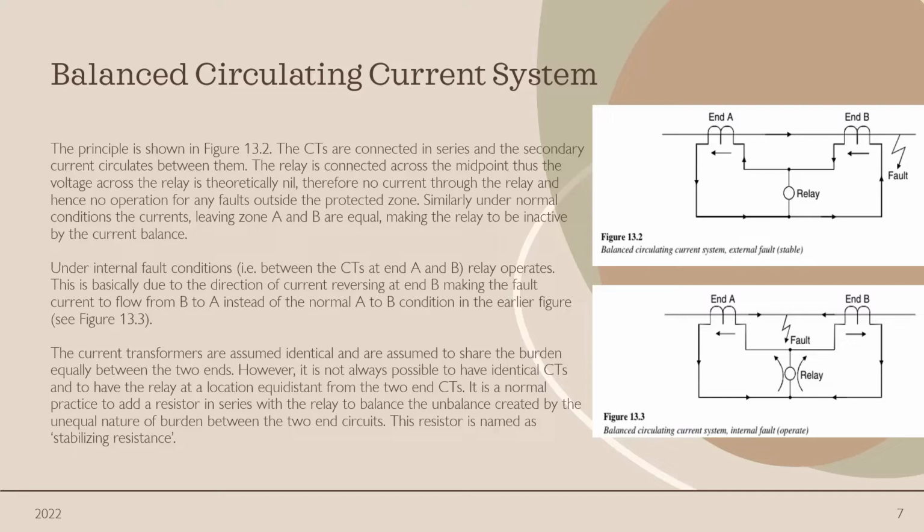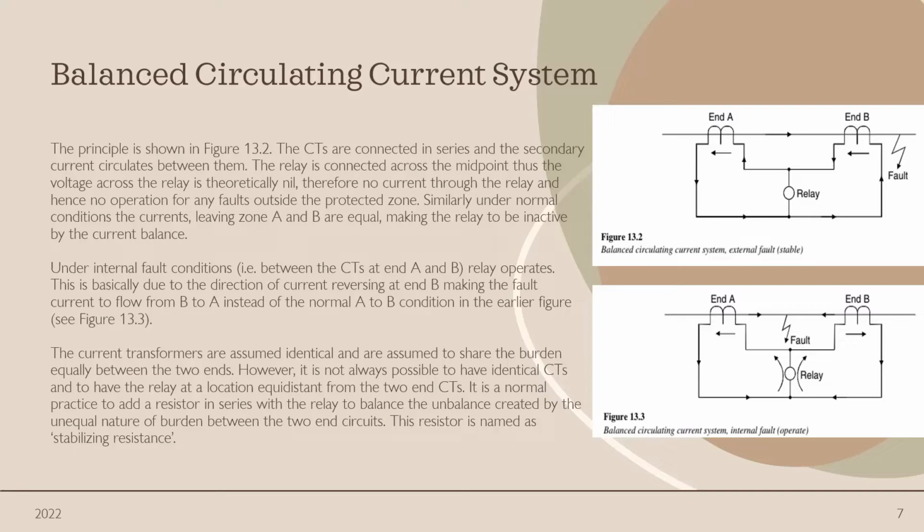Similarly, under normal conditions, the currents leaving zones A and B are equal, making the relay inactive by the current balance. Under internal fault conditions between the CTs at ends A and B, the relay operates. This is basically due to the direction of current reversing at end B, making the fault current flow from B to A instead of the normal A to B.